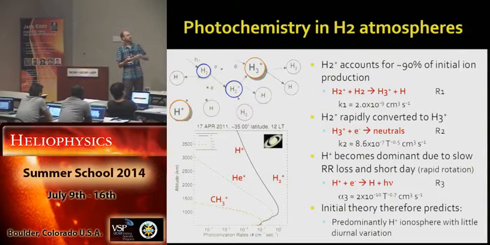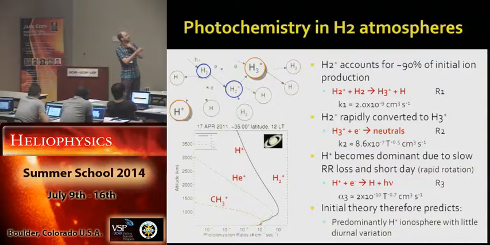It's just you build it up slowly because there's a slow loss process. So the major ions that you predict would be H+ and H3+. And in fact, the initial models predicted that you would see a predominantly H+ ionosphere with essentially no diurnal variation. And this ionosphere would be approximately 10^5 electrons per cubic centimeter.